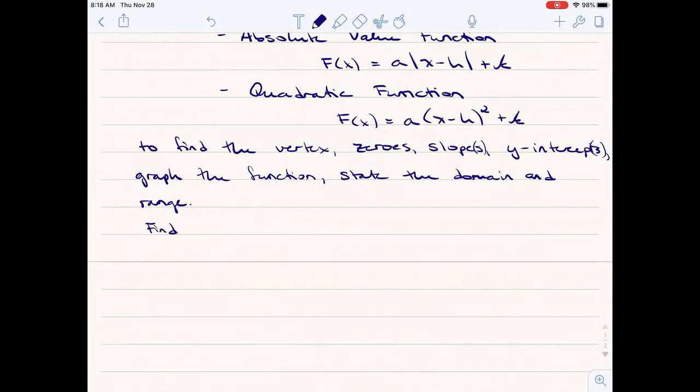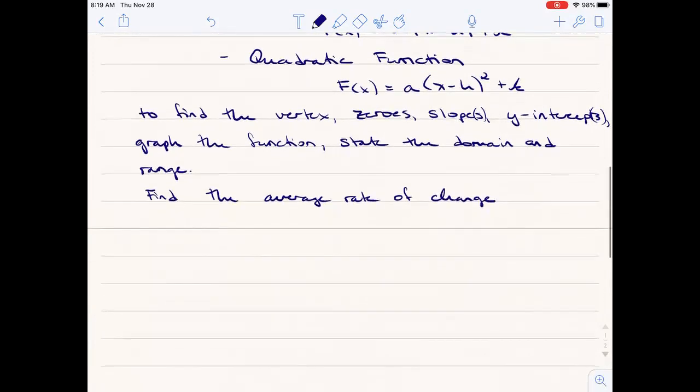Also find the average rate of change if you have a quadratic function.